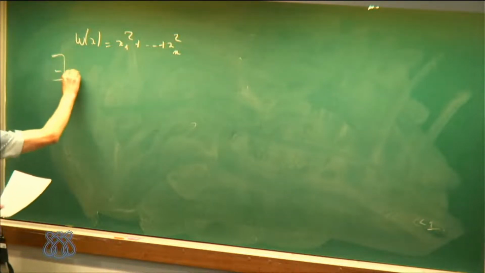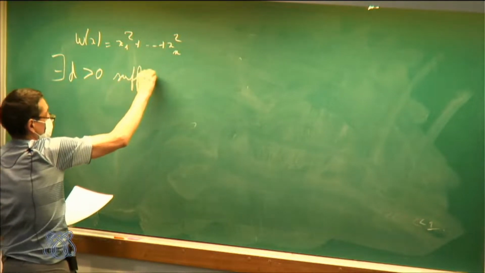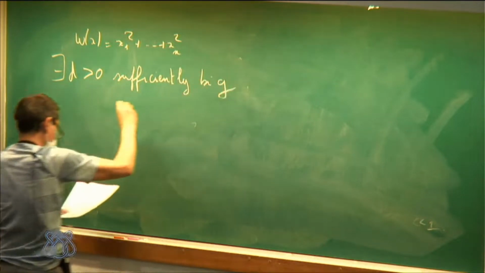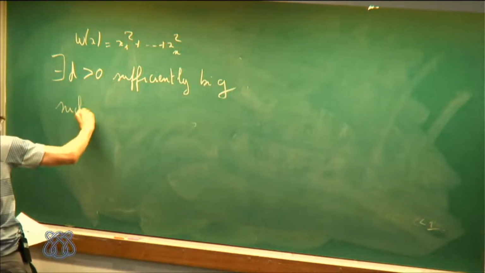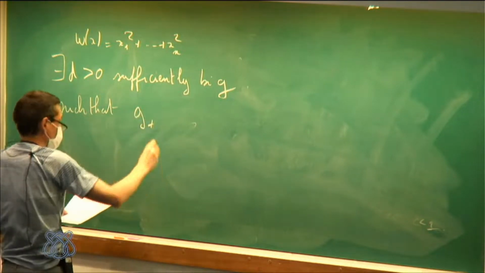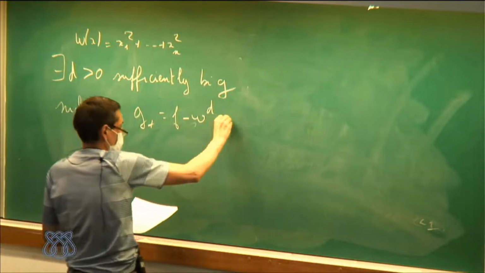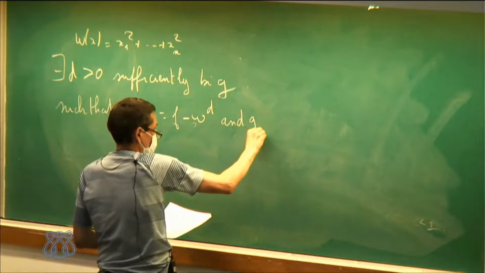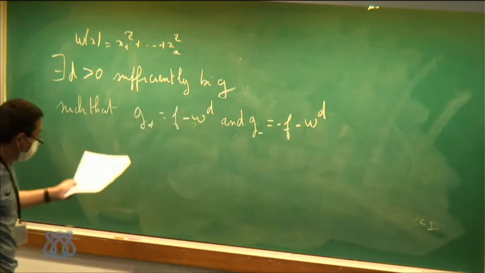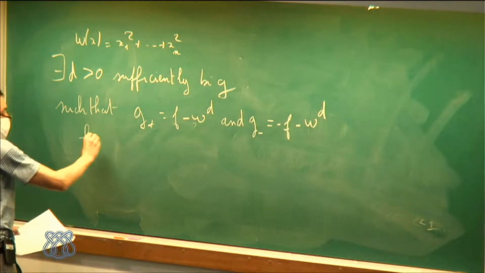So there exists D, an integer sufficiently big, such that g plus, which is f minus omega to the D, and g minus, which is minus f minus omega to the D, these two functions have an isolated critical point. This was proved by Szafraniec.